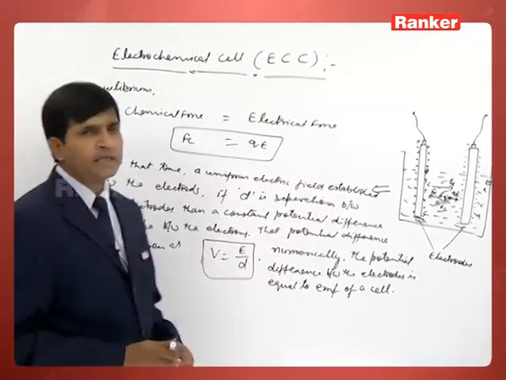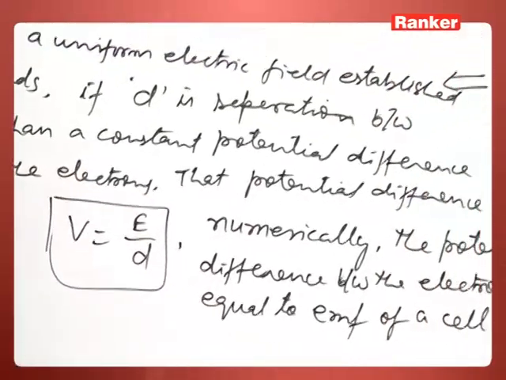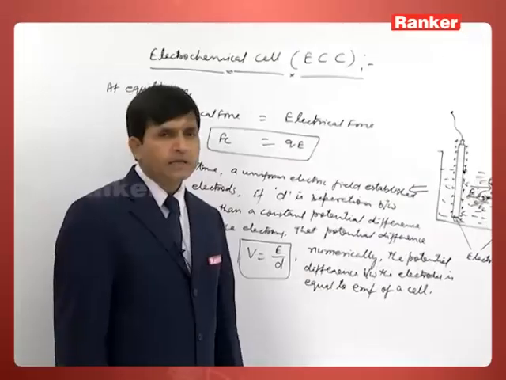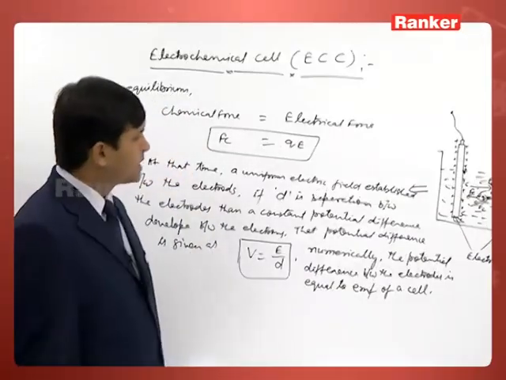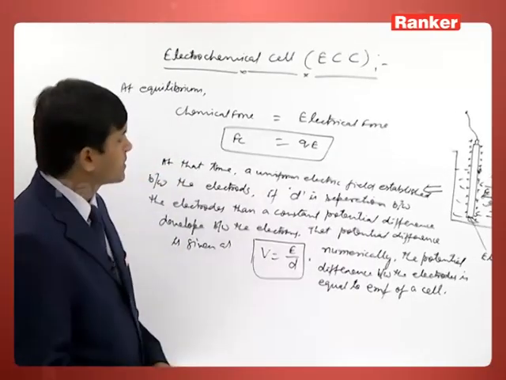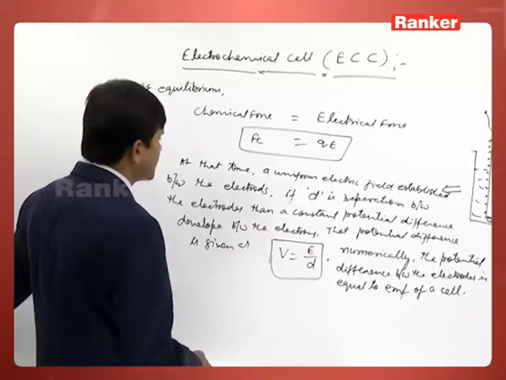So numerically the EMF value and the potential difference between the electrodes are equal, but these two are not the same thing, there is a little bit of difference. So we can define EMF like that.